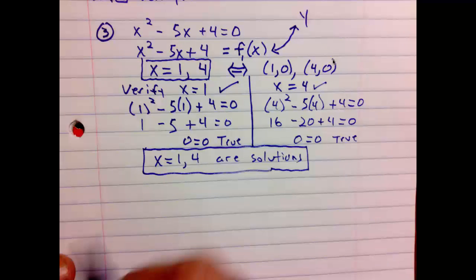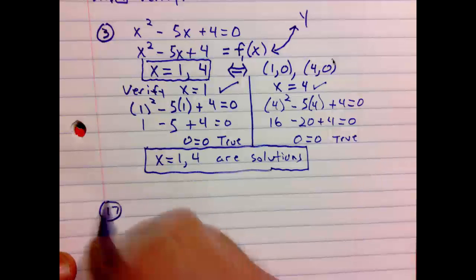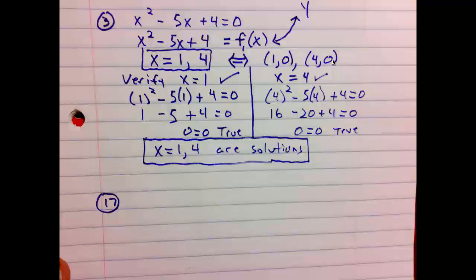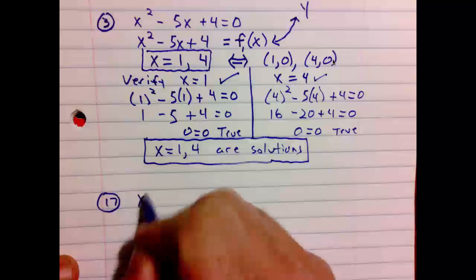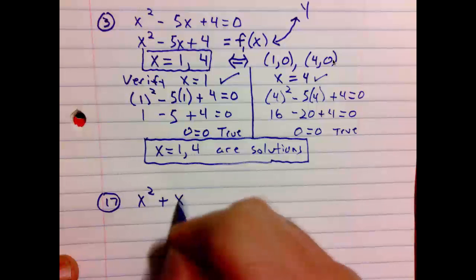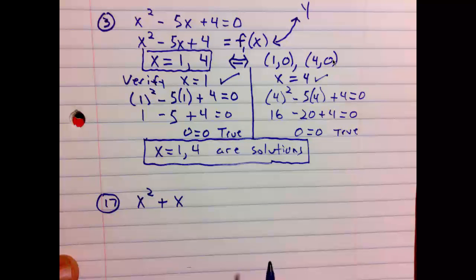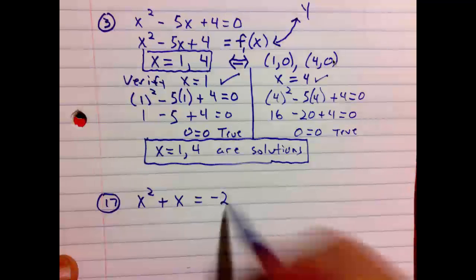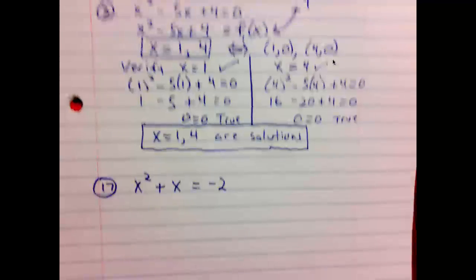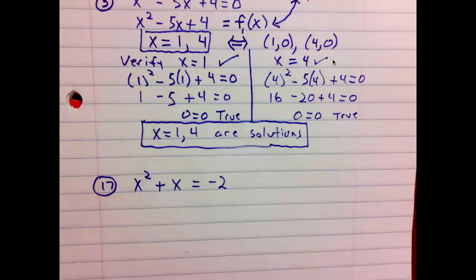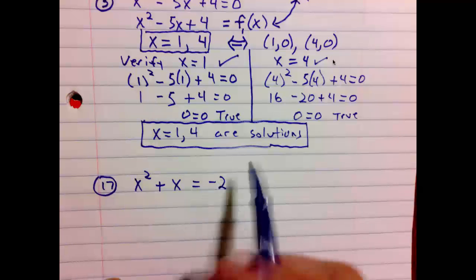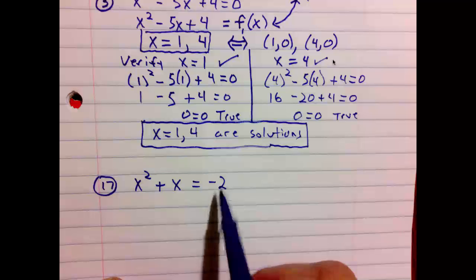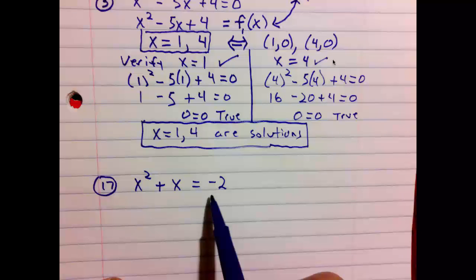Number 17. Okay, 17 says x squared plus x equals negative 2. All right. So we want to, step 1, set the equation equal to 0.